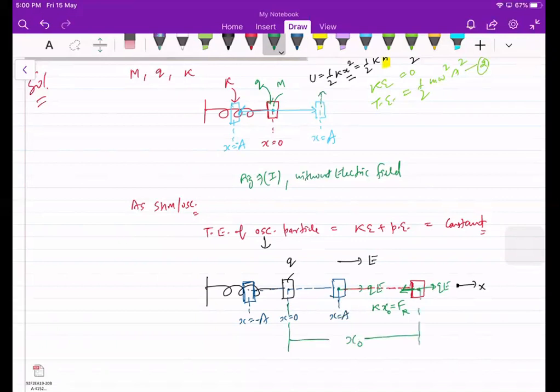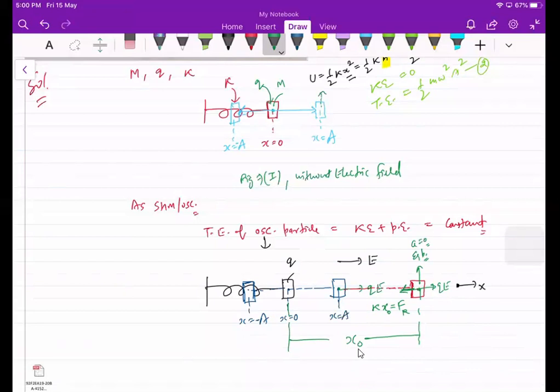So suppose up to x0, this force QE gets balanced by the restoring force. So at this location we will find equilibrium and we obtain A0 here.